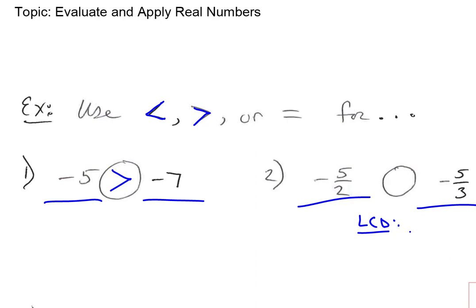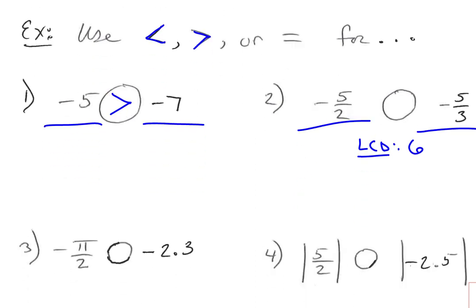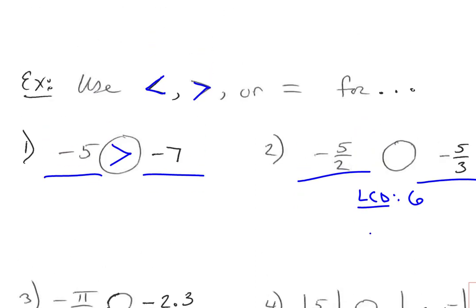A common denominator for these two fractions, having 2 and 3, would be 6. And so we're going to rewrite both of these fractions, and kind of rewrite the whole problem, using the common denominator of 6. And like we've already been doing, that may require us to change the numerators as well.